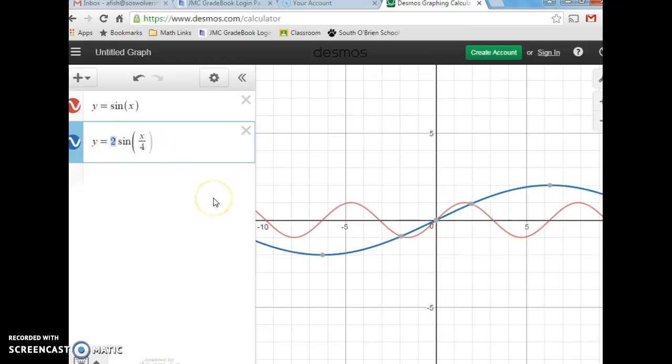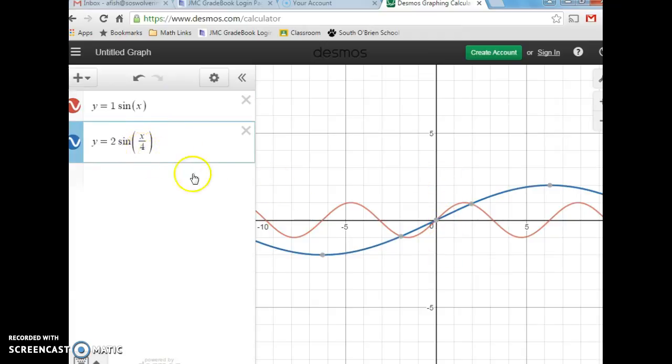This is what we call our amplitude. So our amplitude determines how tall our graph is. We're going from -2 to +2. So up here, this would really be a 1. That's how we know it went from -1 to 1. Now for this graph, we know it goes from -2 to 2.